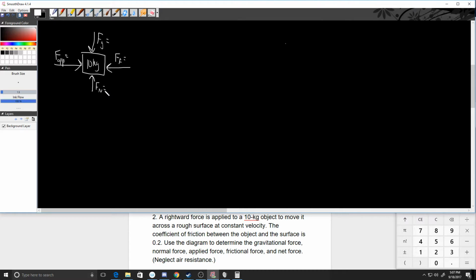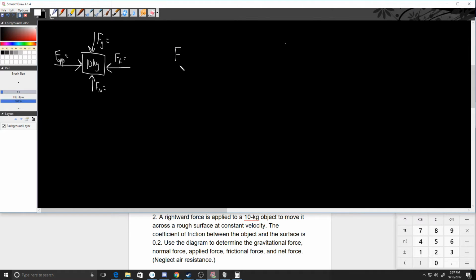All right, we're going to look for the exact same things again. A rightward force is applied to a 10 kilogram object to move it across a rough surface at constant velocity. All right. Now, though, we're going into something new. They didn't give us the frictional force. That's something we have to calculate here. So, new equation time.